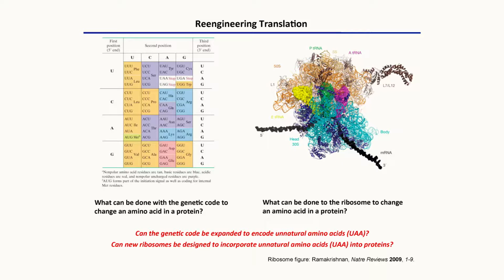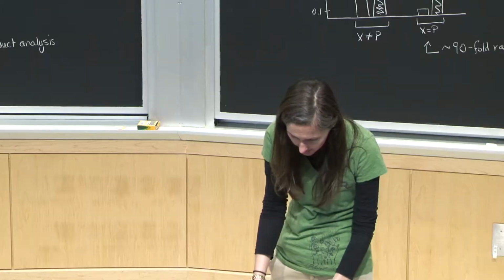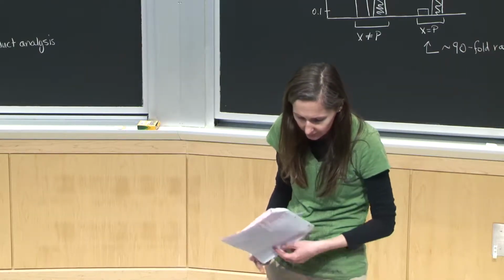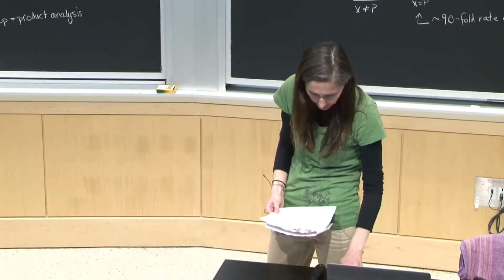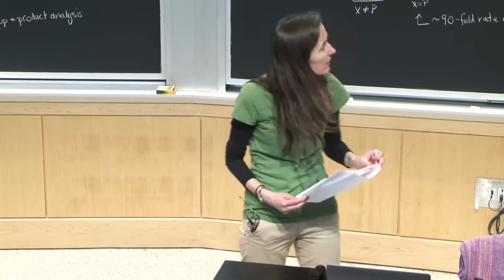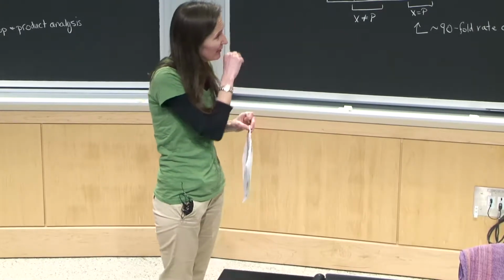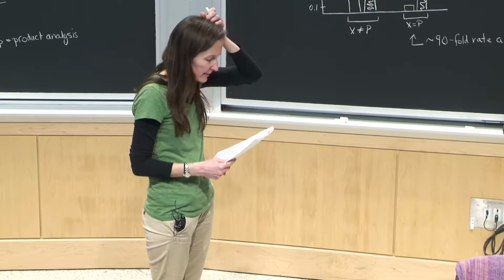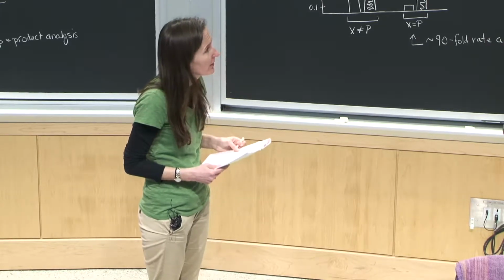And we're going to first discuss basically reassigning. Is it possible to reassign a codon? So why would we want to do this? Let's think about that for a minute. What do I mean by expanding the genetic code?